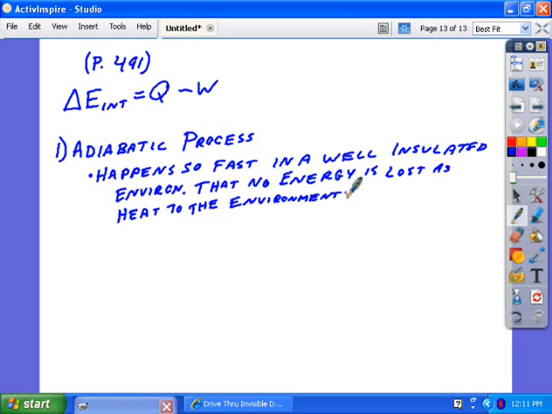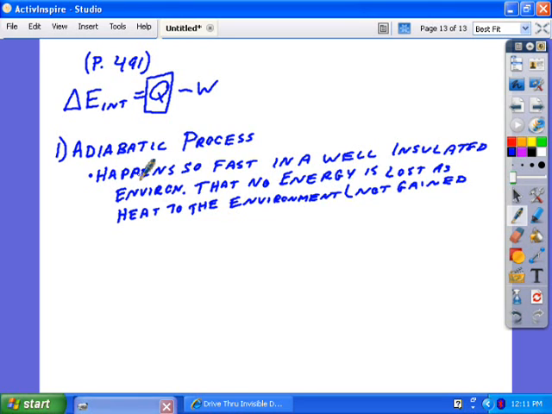So, the other part of this is if it is not lost, it is also not gained as well. So what that's going to do is something to this equation right here. We are capable of eliminating this Q, because it is happening so fast that there is no heat transfer.